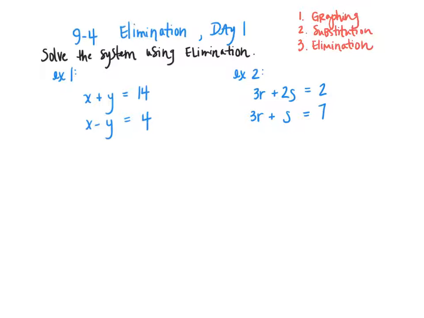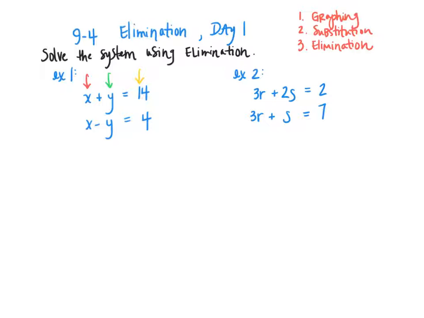If you're going to use elimination, there's a few things you need to keep in mind. We typically will put our equations in what we call standard form. And so here we have our x's lined up, then we have our y's lined up equal to our numbers. And most of your homework problems are already lined up for you.